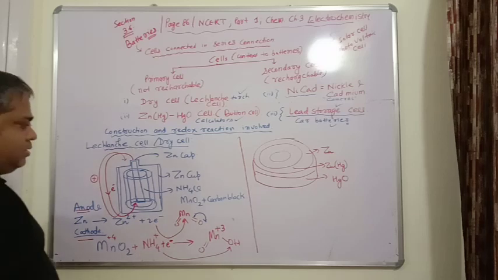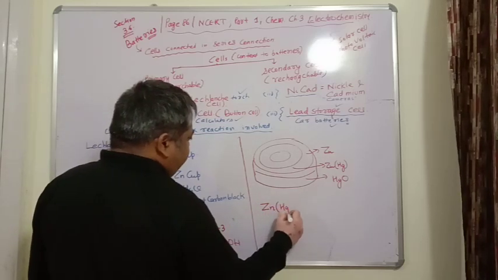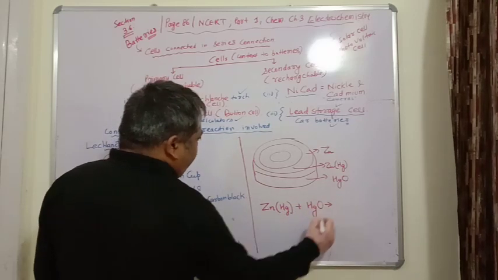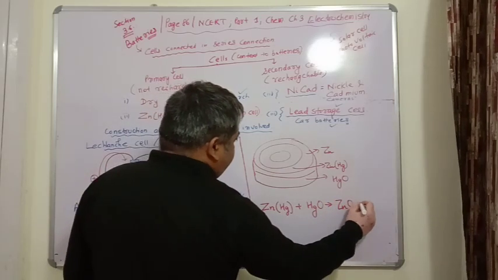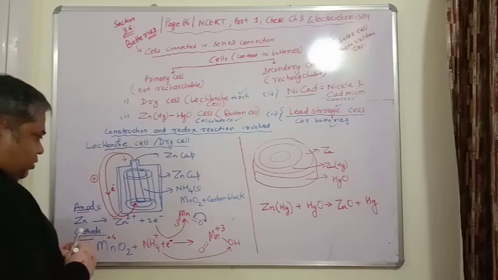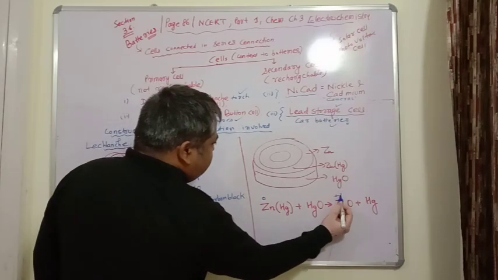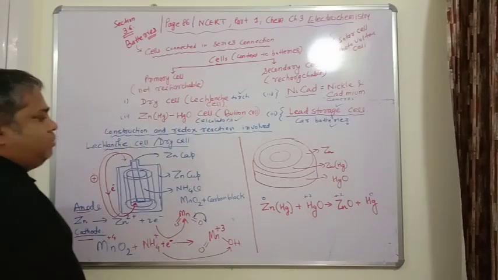Now what happens? A reaction takes place. Zinc amalgamated with mercury reacts with HgO to form ZnO and liquid mercury. As a result, zinc oxidizes to Zn2+ and mercury reduces to mercury.